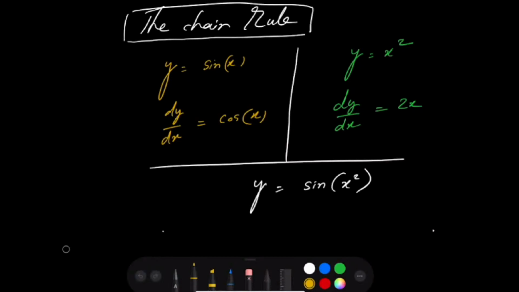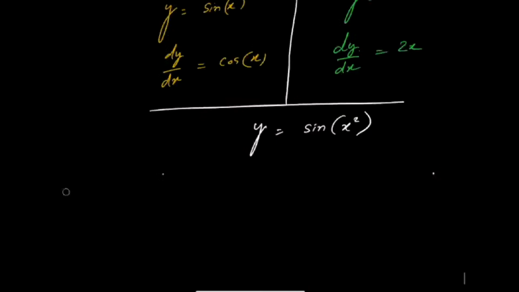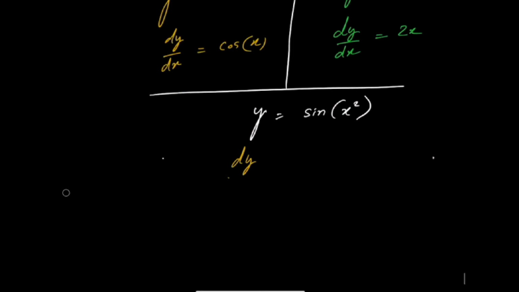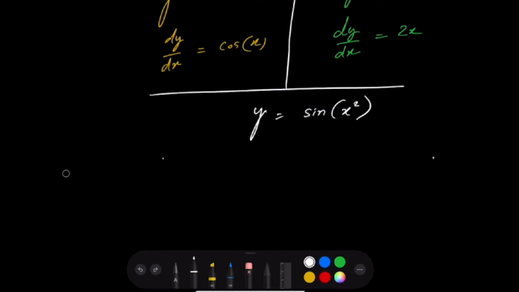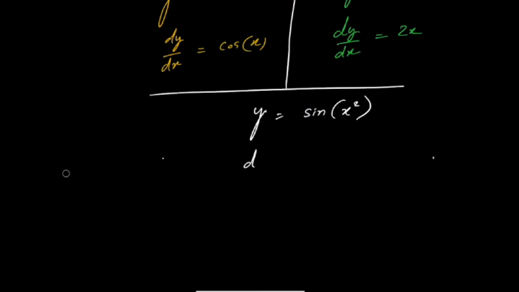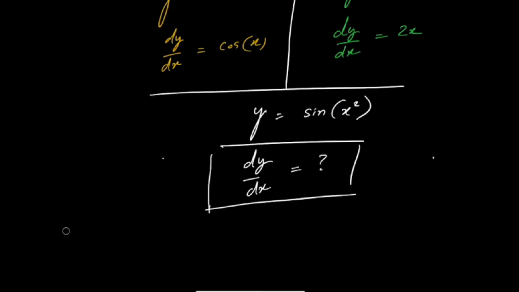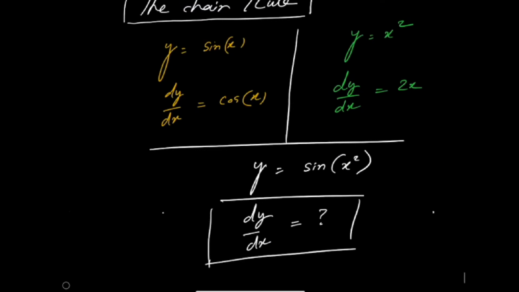So now if he asks me what is dy by dx, what is the question? The question is: what is dy by dx? I can't answer this because I do not have any such formula yet.